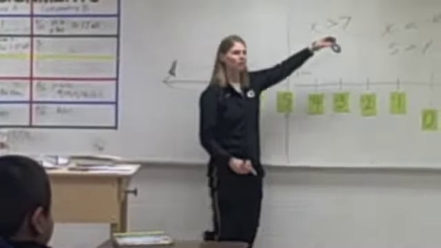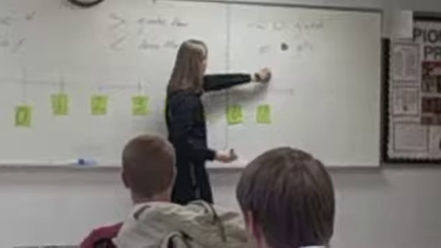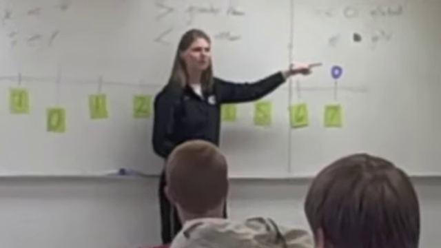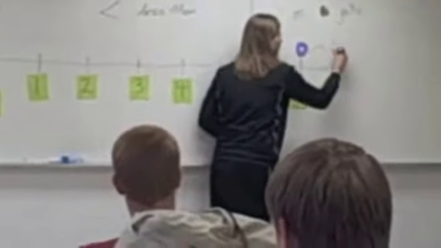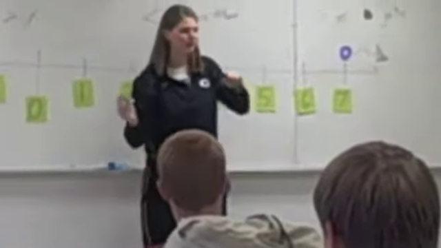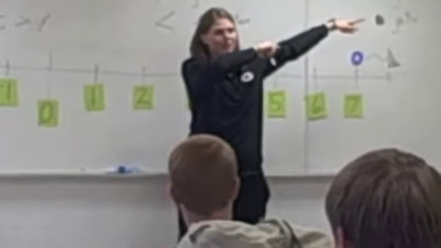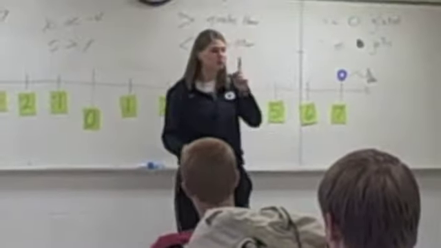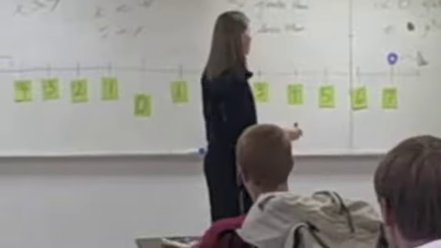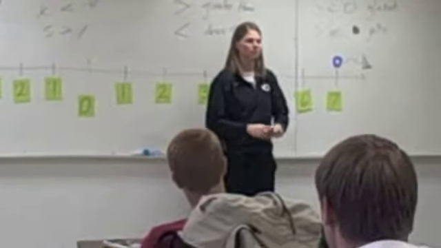Taylor, where would our donut be? On the 7. And greater than 7 would be this way or that way? That way, good job. And we always want to fill in our arrow to say that we're going that way forever. So there's not just one solution to inequalities, there are many, many, many solutions.